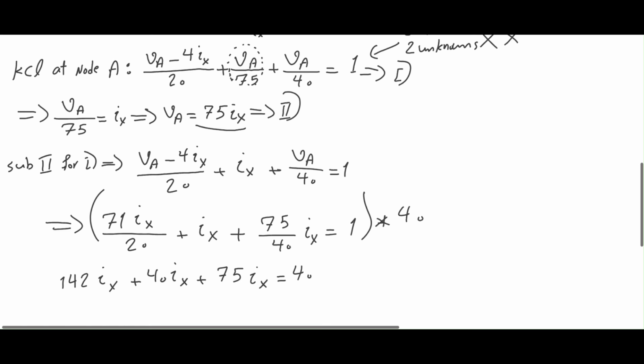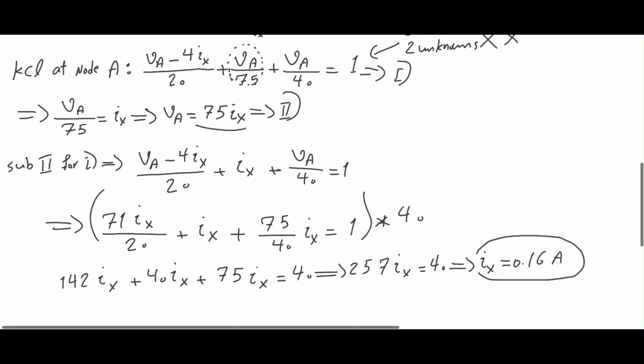Let's do some math here to figure out the value of Ix. I've done it very quickly here, so that becomes 257 times Ix equals 40, and from there Ix equals 0.16 amps.